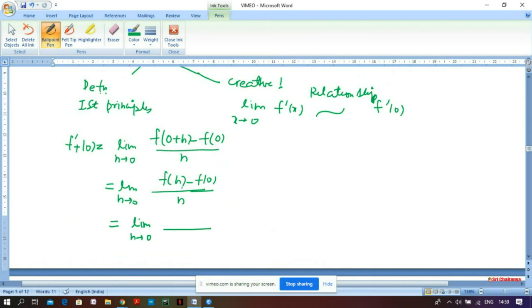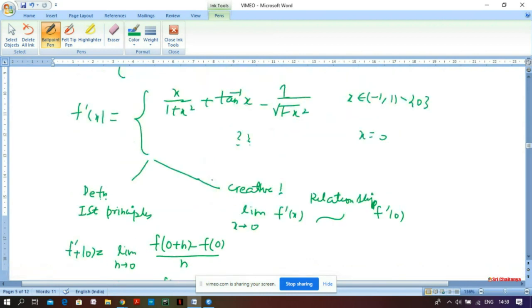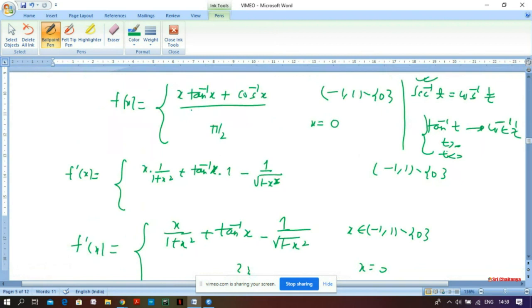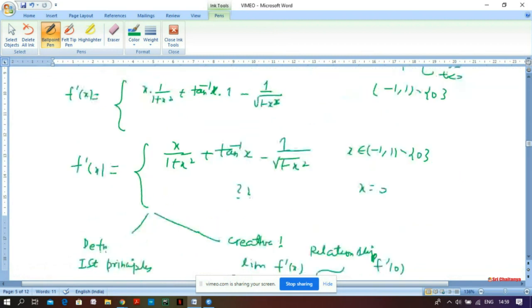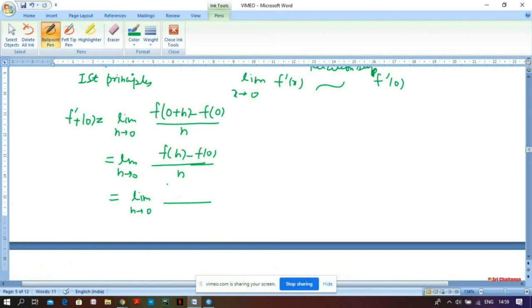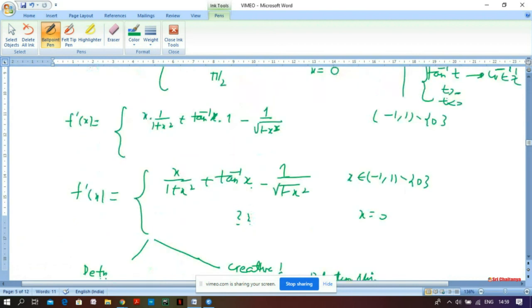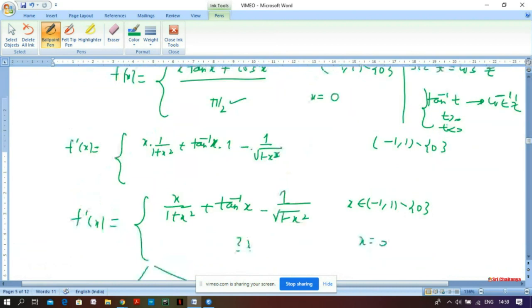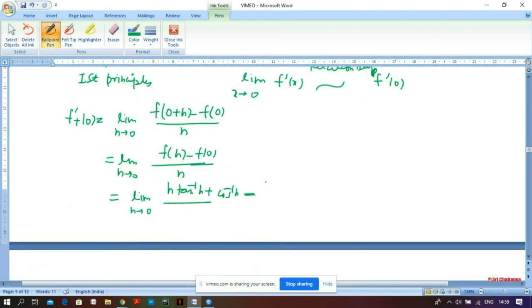So f of h, we can check, was h tan inverse h plus cos inverse h. So I can write this as h tan inverse h plus cos inverse h minus f of 0, which was defined to be pi over 2, over h.